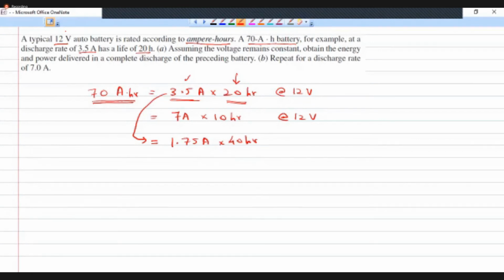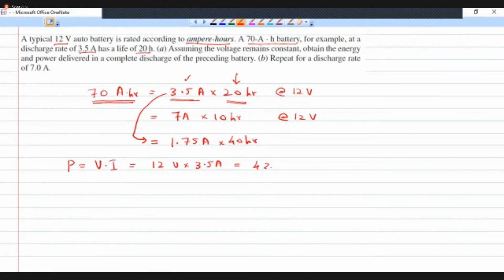So you can say what is the power that is coming. We have already written that power is nothing but the product of voltage into the current. So we have a 12 volt battery delivering a current of 3.5 ampere, right?